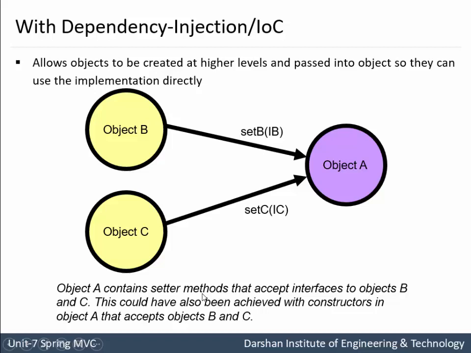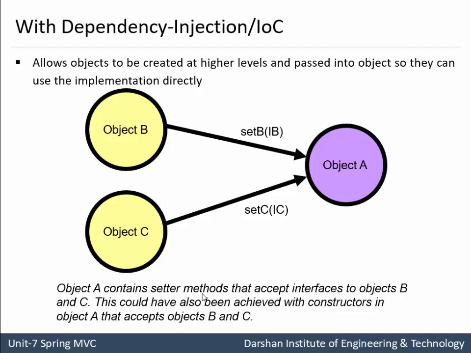So now class A won't create any object of class B and C, but the container has already created objects of both class B and C, and if it is required by class A, for example if class A wants to use any method of class B or C, then the object will be injected into class A rather than class A creating the object by itself.